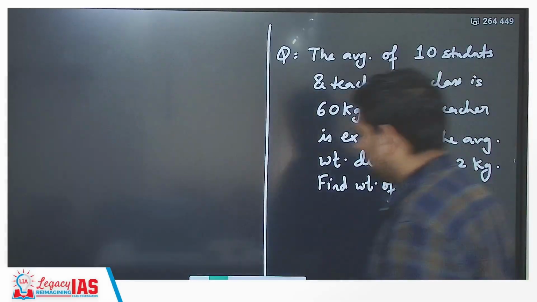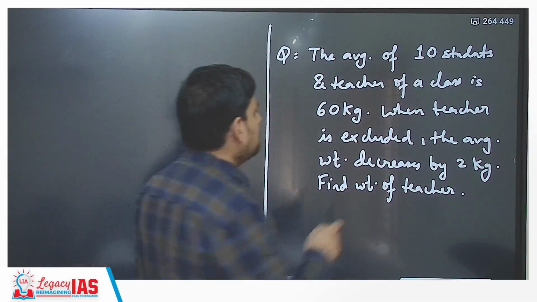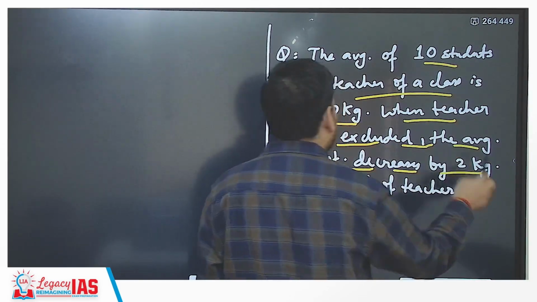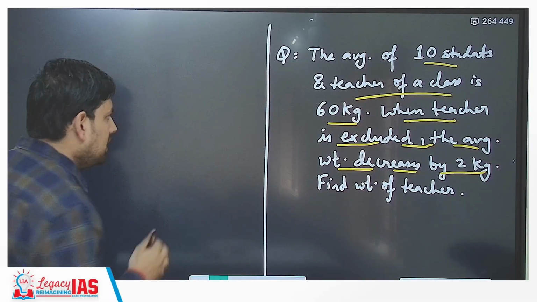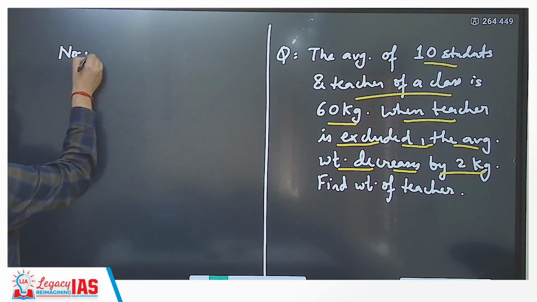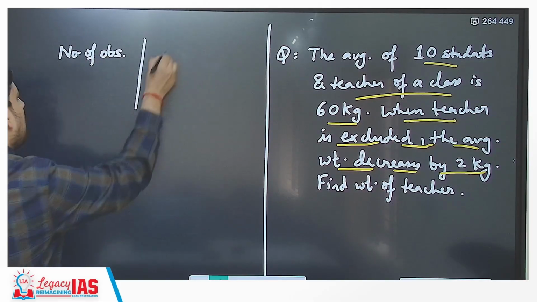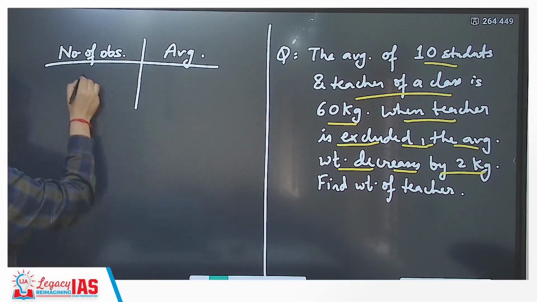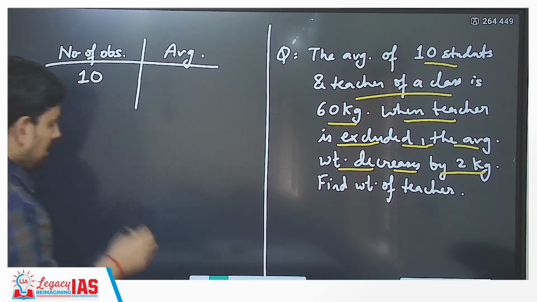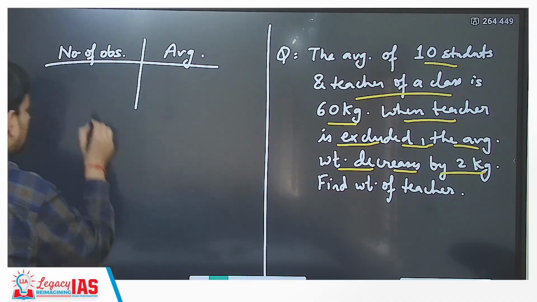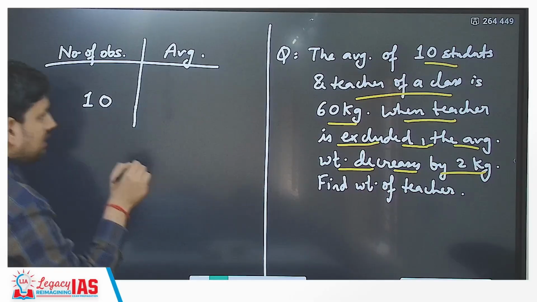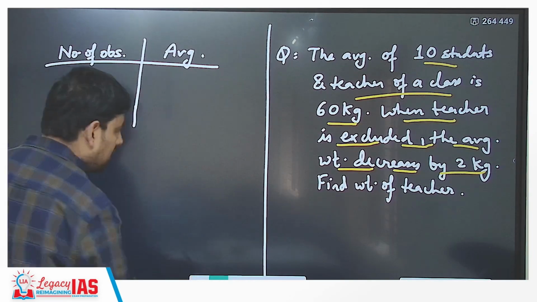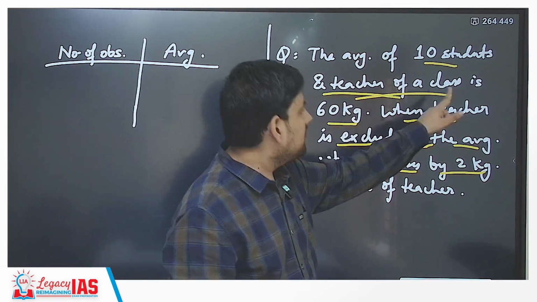Let's do another question. What it says: the average of 10 students and teacher of a class is 60 kg. When the teacher is excluded, the average weight decreases by 2 kg. Okay, now initially again I'll write here the number of observations, and here I will write the average for them. The average weight of 10 students and a teacher of a class is 60 kg.